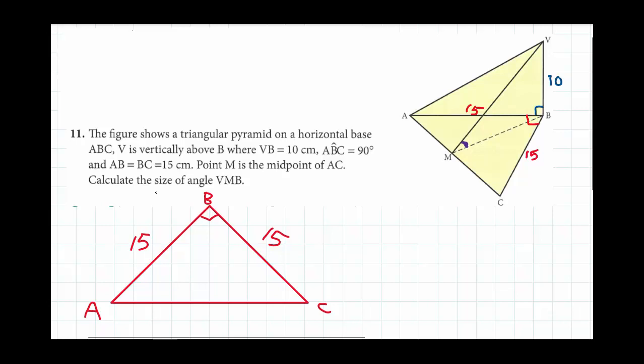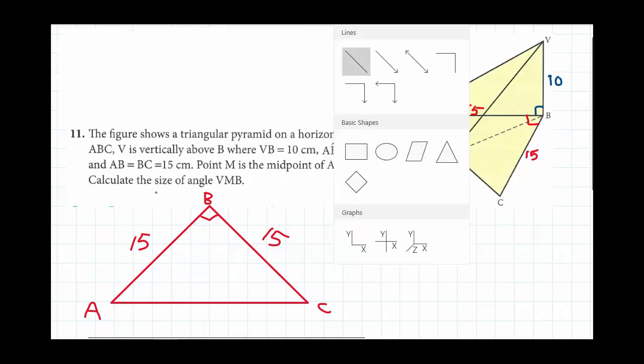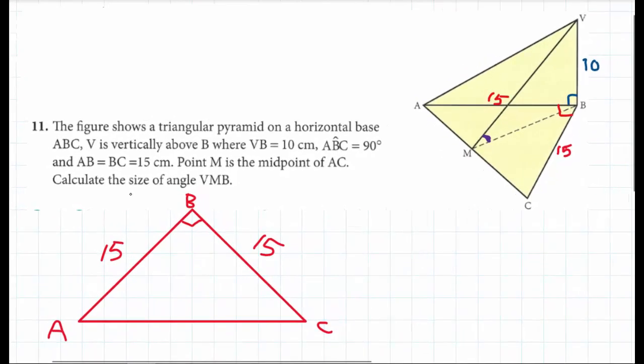Now, what we need is to find the length of the side. What's the name of this point in the graph? It's M, and it is the midpoint. It's halfway between AC.